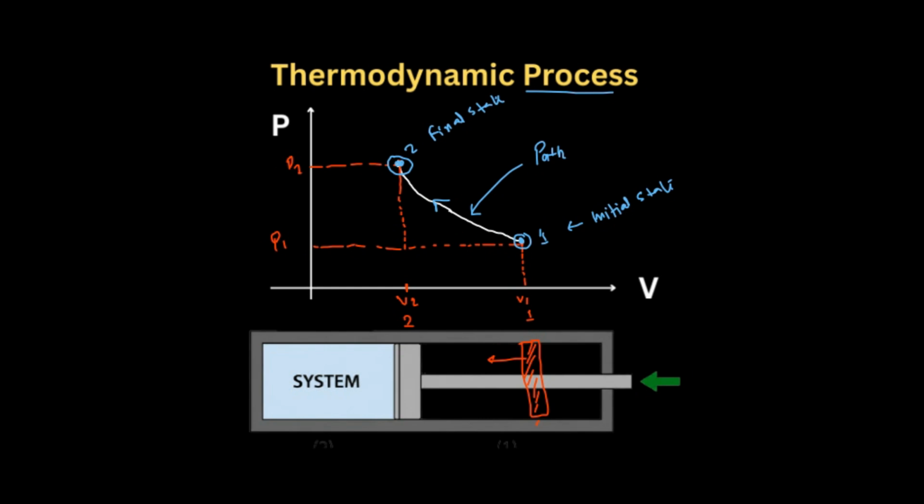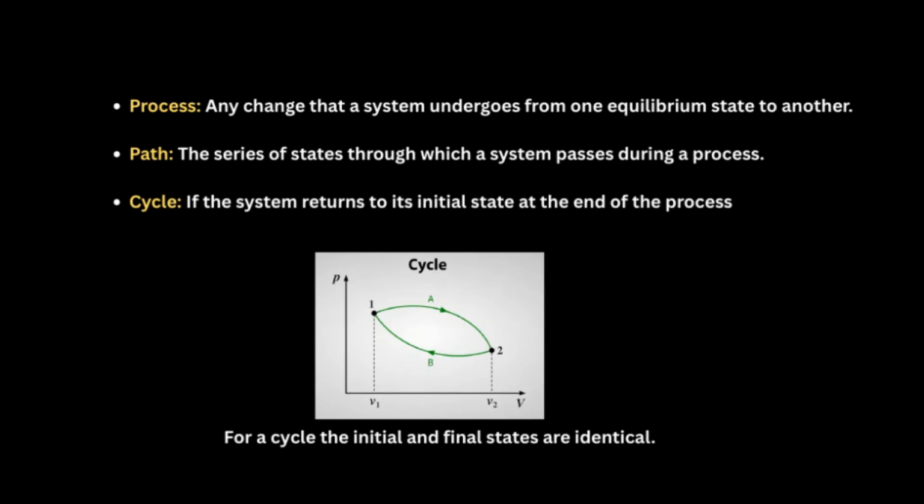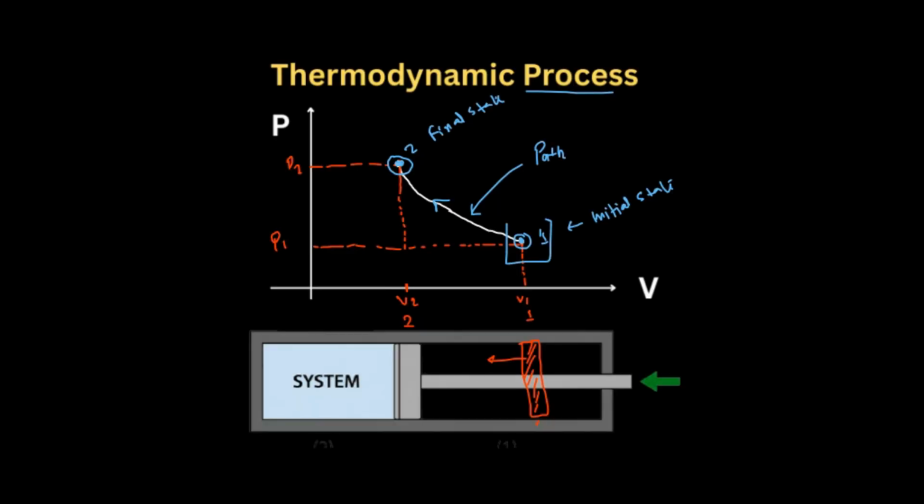Let us try to define them. Any change that a system undergoes from one equilibrium to another equilibrium is called a process. So we went from equilibrium state 1 to equilibrium state 2, and this is nothing else but a thermodynamic process.